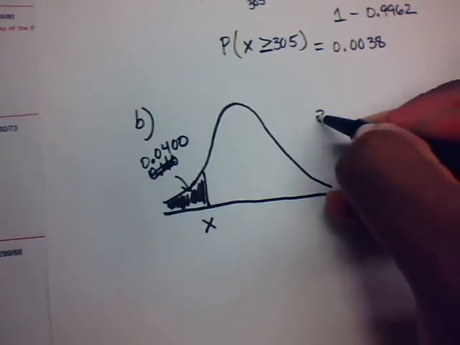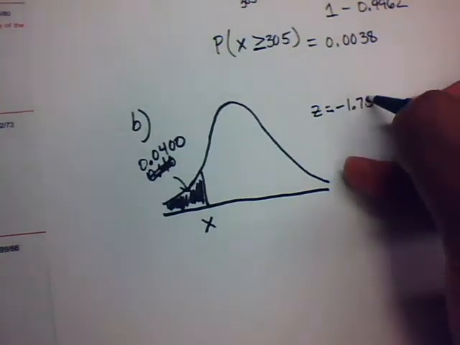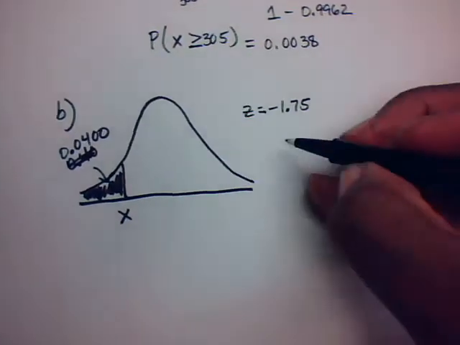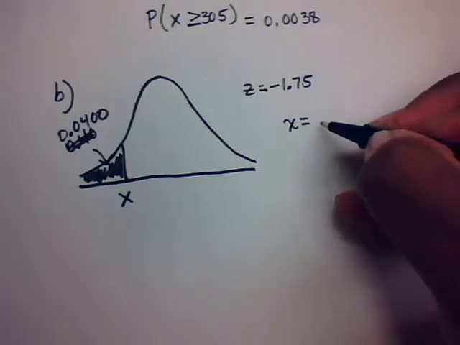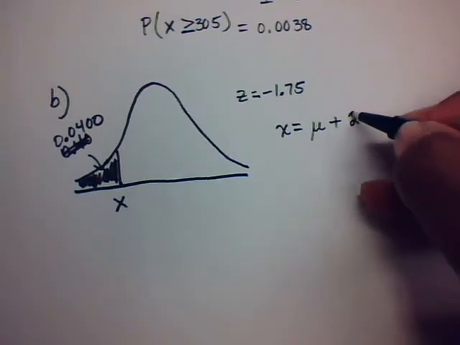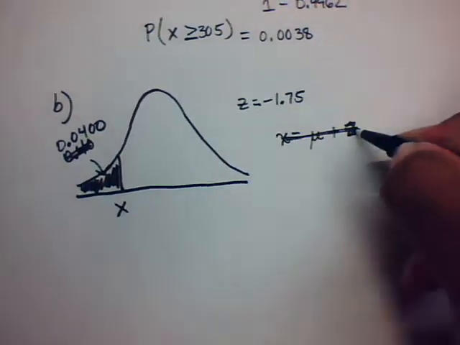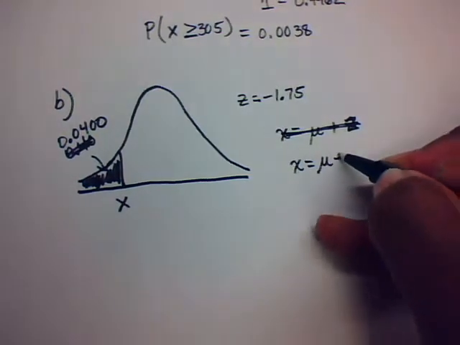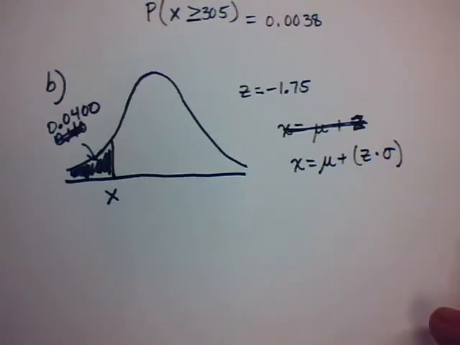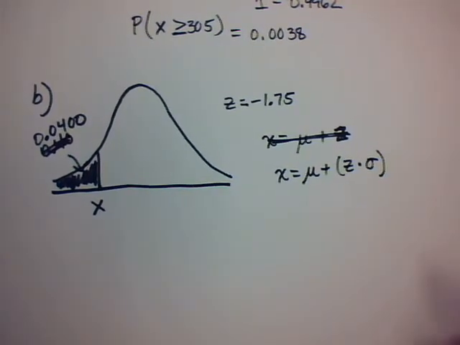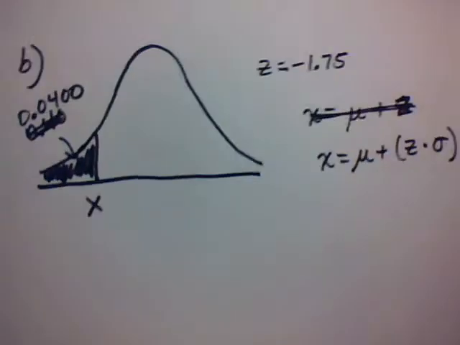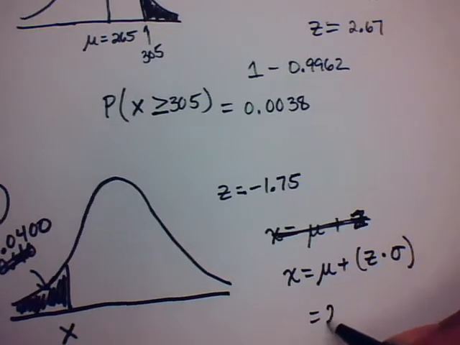So in this case, the z value is negative 1.75. Now to find x, we have to use this formula. X is equal to mu plus z times sigma. Okay? And we know mu, in this case, is 265.